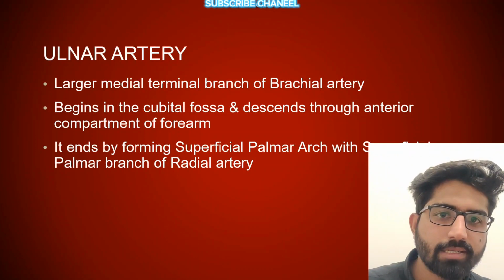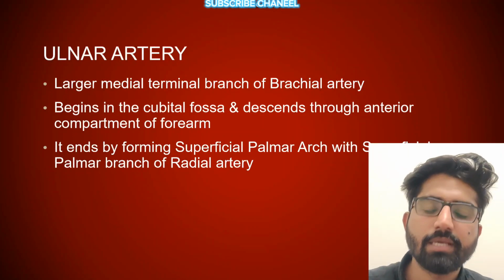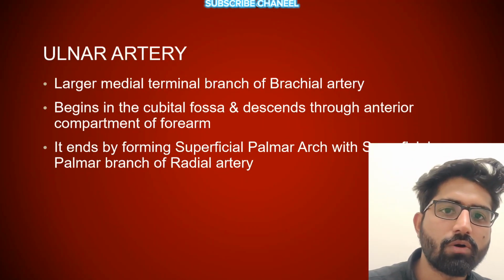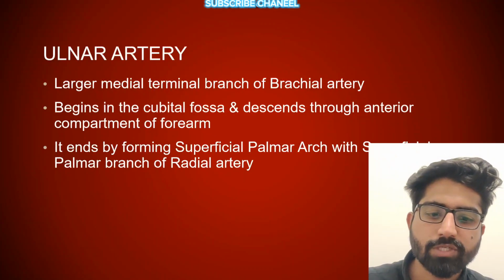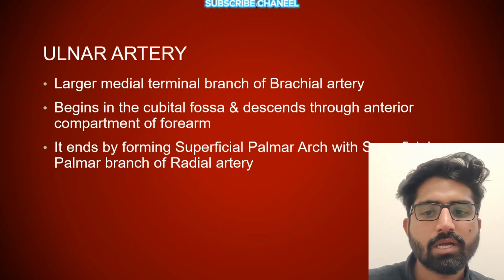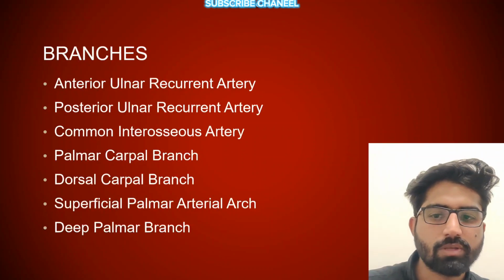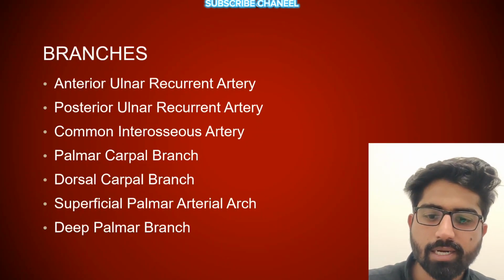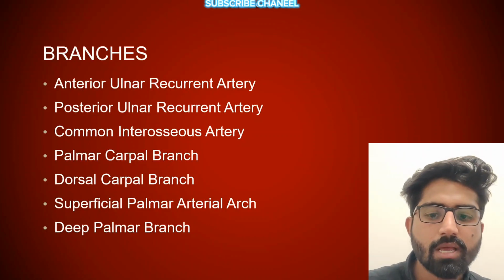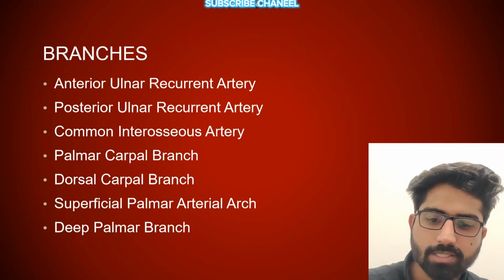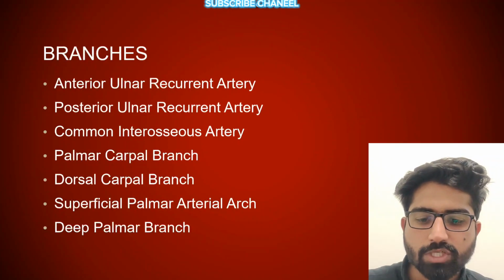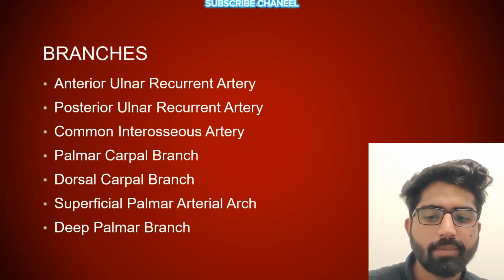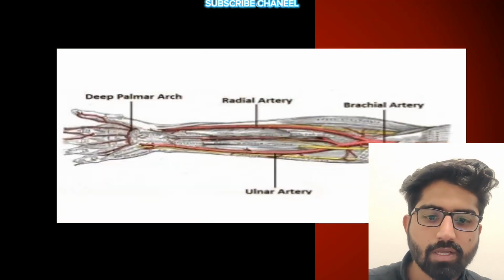So in the hand, the deep palmar arch will be the continuation of the radial artery, and the superficial palmar arch is the continuation of the ulnar artery. The branches of the ulnar artery are the anterior and posterior ulnar recurrent arteries, common interosseous artery, palmar carpal branch, dorsal carpal branch, superficial palmar arterial arch, and deep palmar branch.